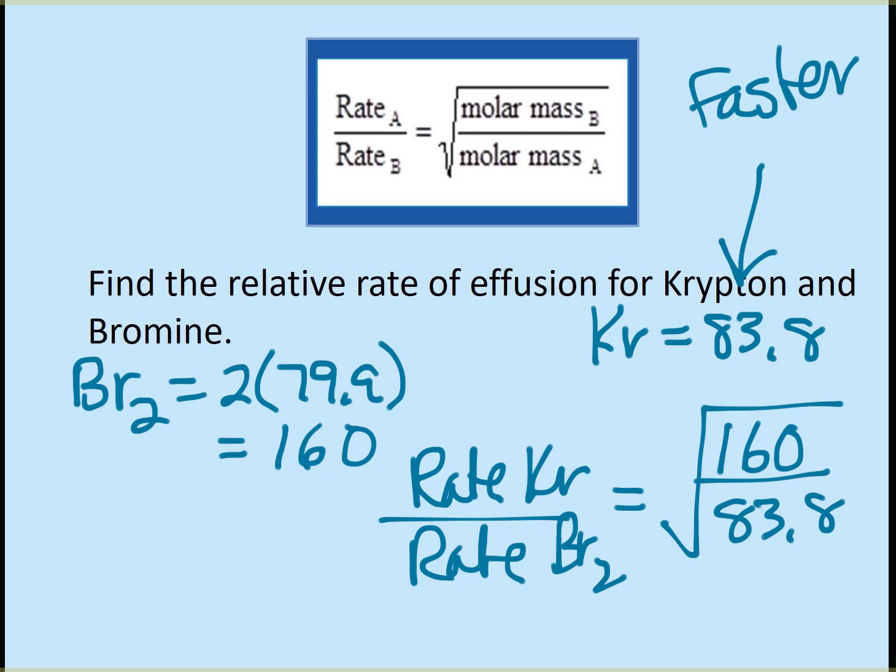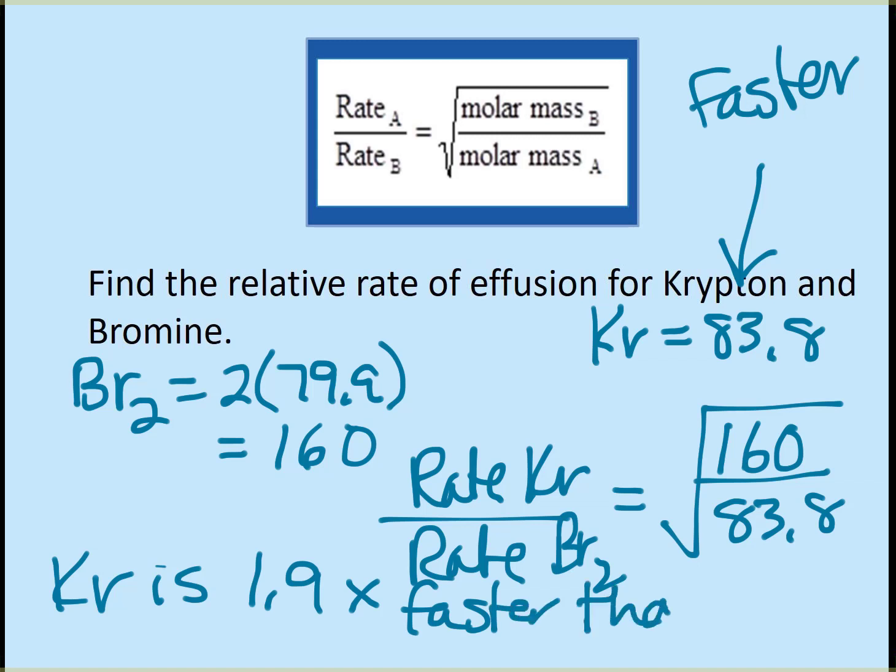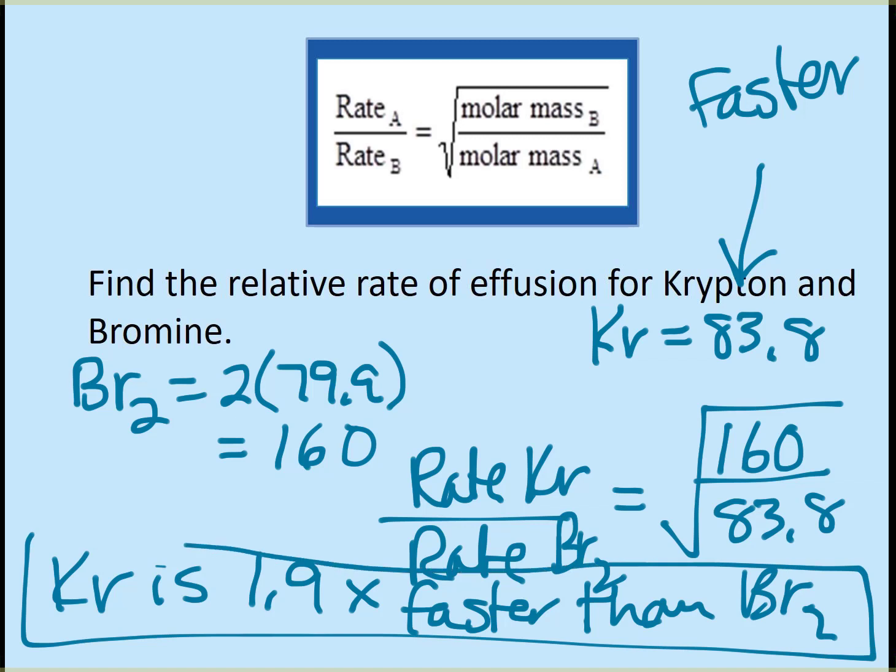And we get that krypton is 1.9 times faster than bromine. So if I have my smaller gas be gas A, then I'm going to get a number that's above 1. But if you actually get a decimal instead of a number above 1, then you know that has been reversed.